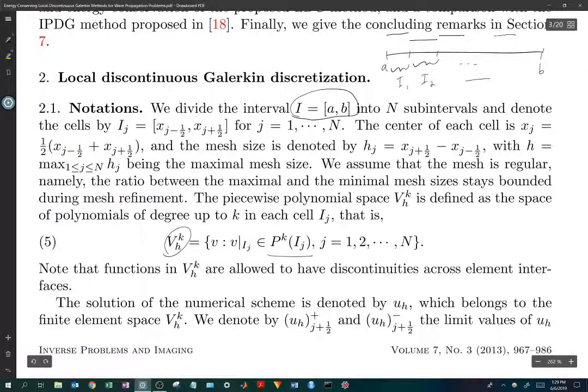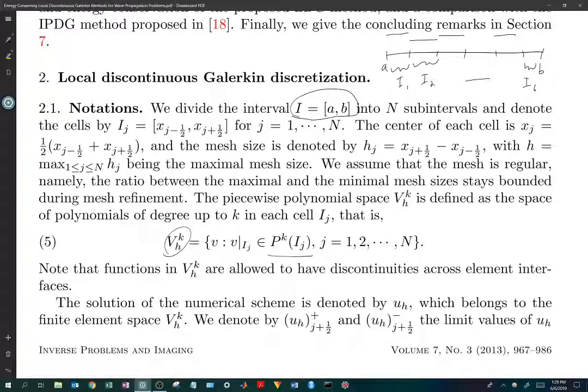So if we look back at this example here, if we have I1, I2, I3, I4, I5, I6, we could just break it up evenly like that and say that this is I6, just so that we have a complete picture here.